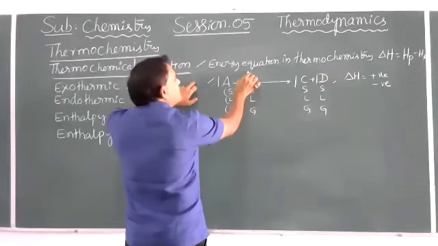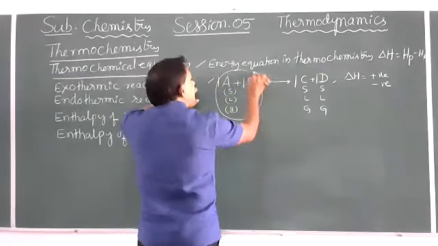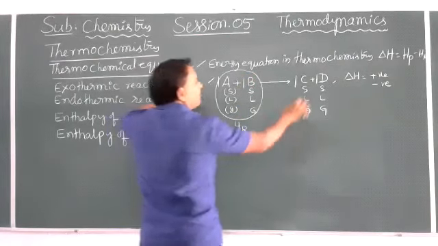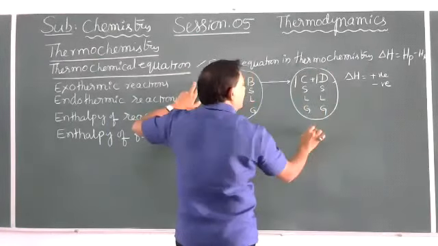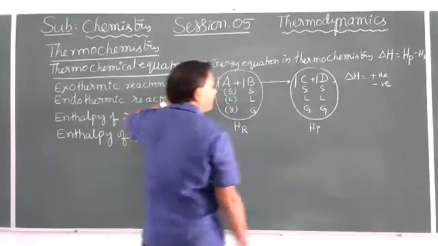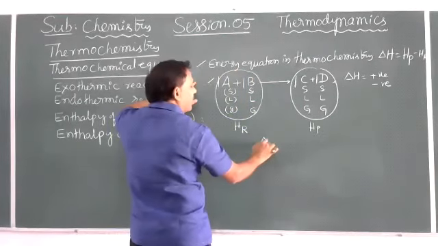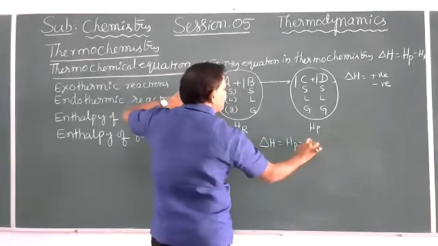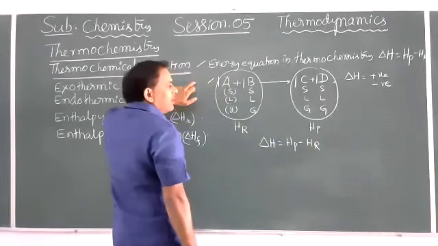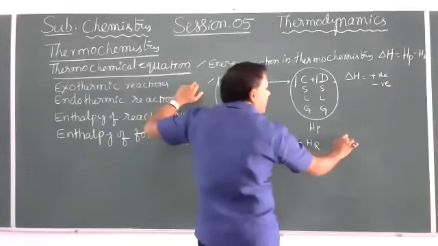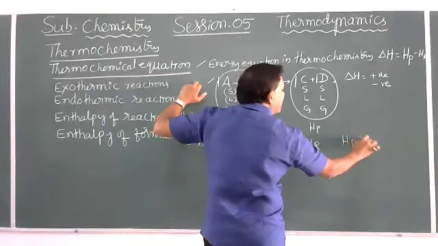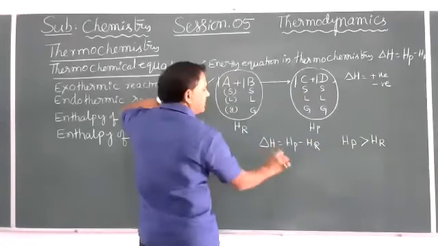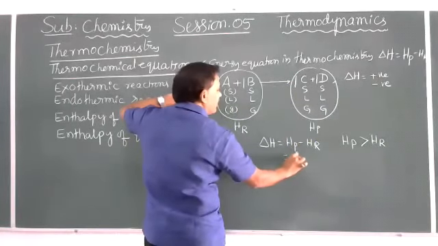Now, these are the reactants, whose enthalpy is HR, and these are the products, whose enthalpy is HP. We know the change in enthalpy, delta H, is equal to HP minus HR. If the enthalpy of the products is greater than the enthalpy of the reactants, we get a positive value.